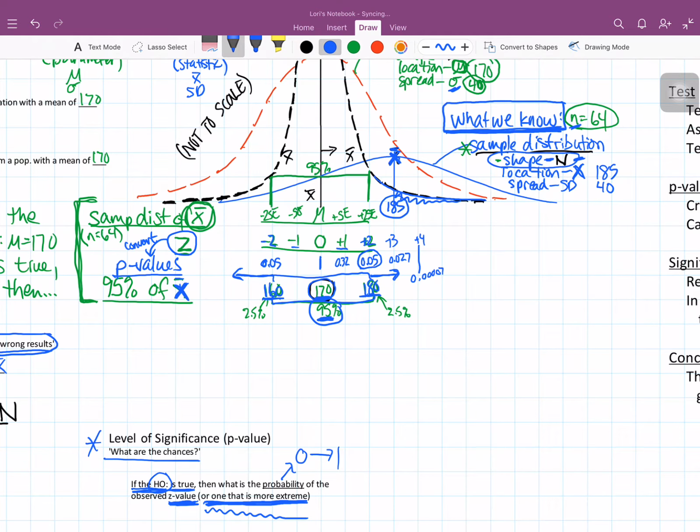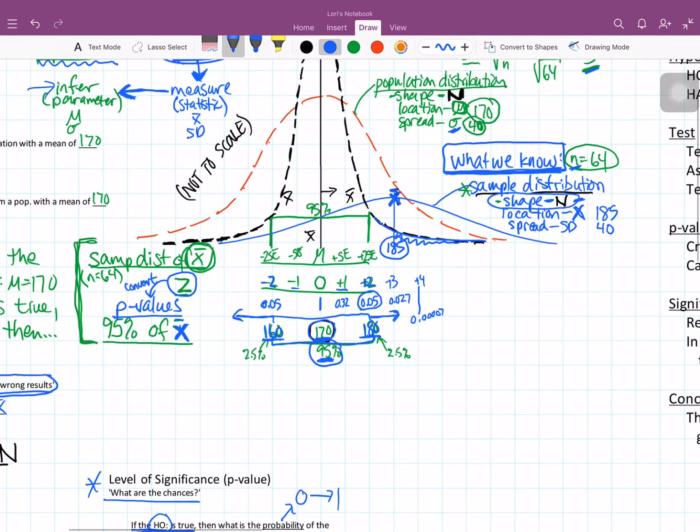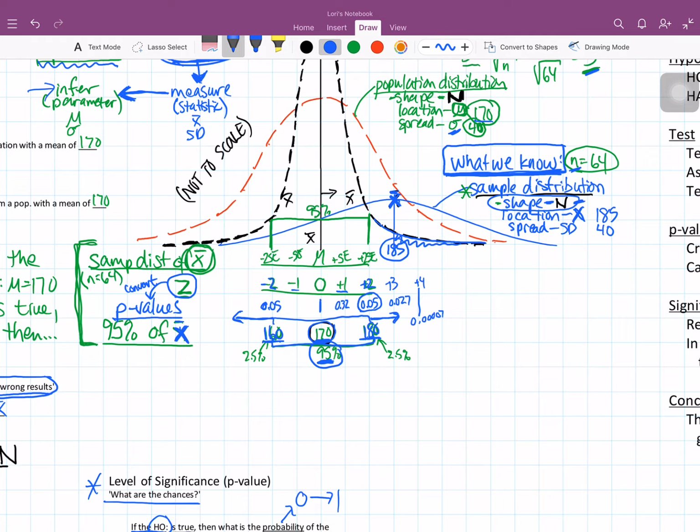It will happen, either that extreme or more extreme, 2.7% of the time if we're just randomly drawing a sample from this population that has a mean of 170 and a spread of 40. But it's not going to happen very often.